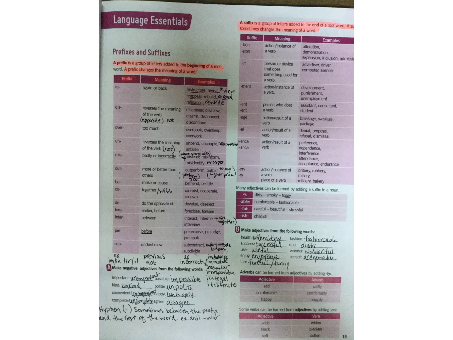We also have many adjectives that can be formed by adding a suffix to a noun, like y, able, ful, or ish. Giving an example of these, dirt becomes dirty, comfort becomes comfortable with able, beauty becomes beautiful with the ful suffix, and child becomes childish with the suffix ish.